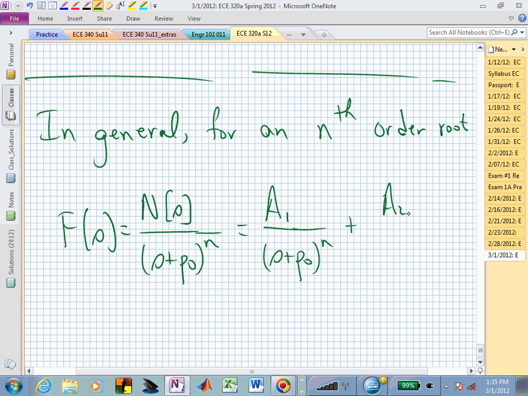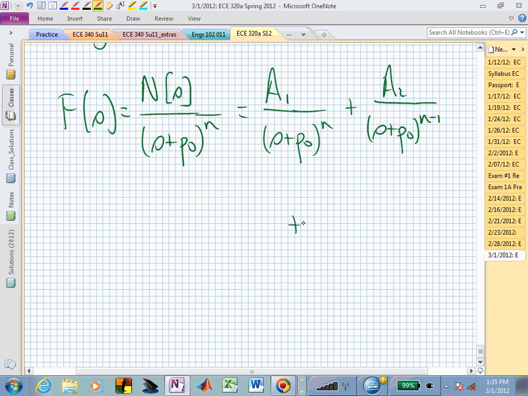We have a sub 2 over that factor to the n minus 1. And we just keep going until we end up with just that factor. So that's the expression that we're dealing with.